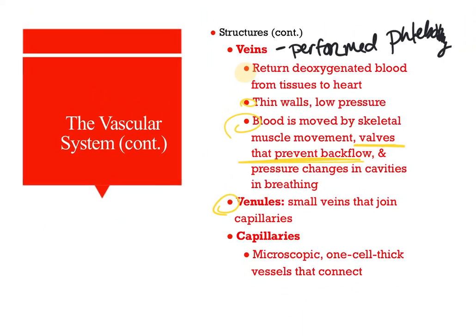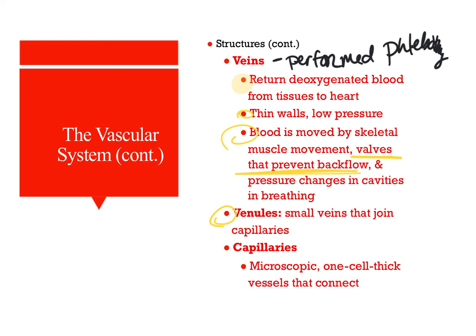And then we have capillaries right here. This is also important. They're microscopic, one-cell thick vessels that connect the venules to the arterioles. So capillaries connect venules and arterioles together.